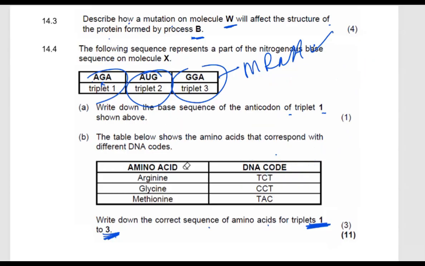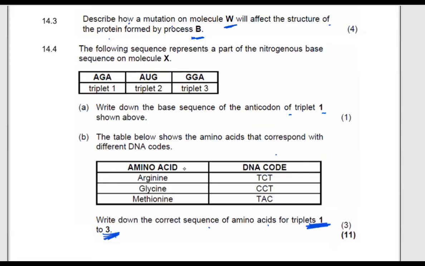So what am I going to do? It's going to be U, C, U, isn't it? Sorry, you're converting into DNA, so it's going to be T, C, T, because you're converting it from messenger RNA to DNA.